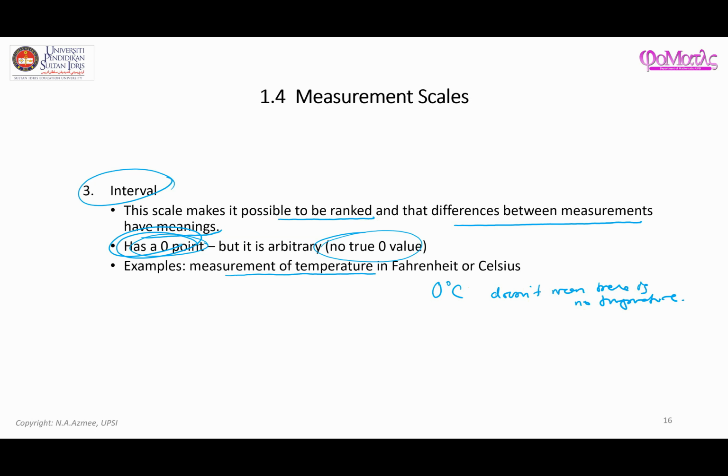So this is what it means by having a 0 point but no true zero value. Similarly, when you have 0 in Fahrenheit, it doesn't mean there is no temperature. Other examples of interval scales include IQ results and grade levels in school.